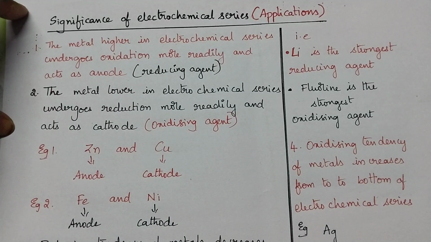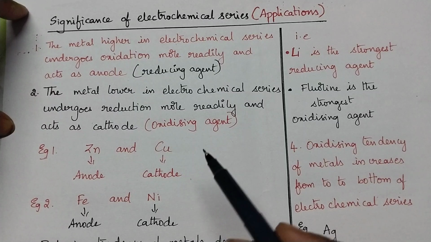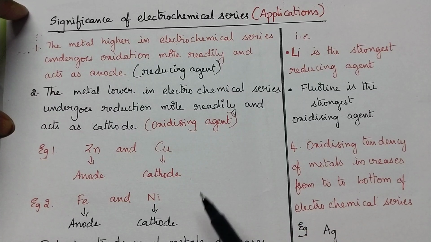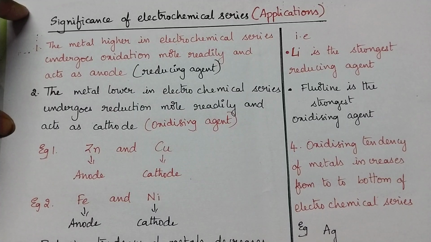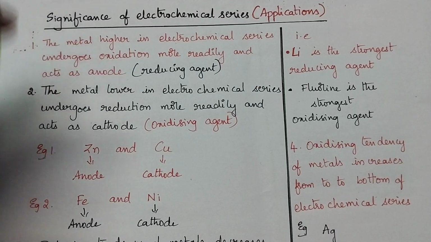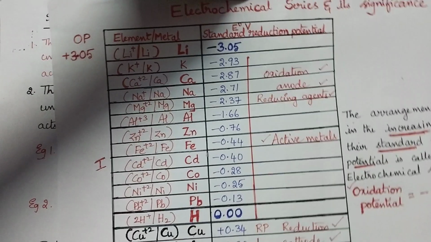So here when we see the electrochemical series, the reducing tendency of metals decreases from top to bottom of the electrochemical series. Once again, let us see the electrochemical series.